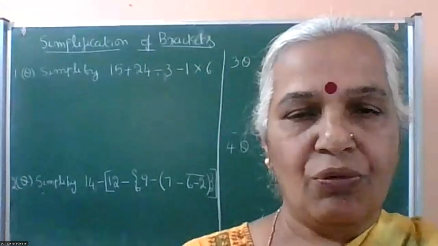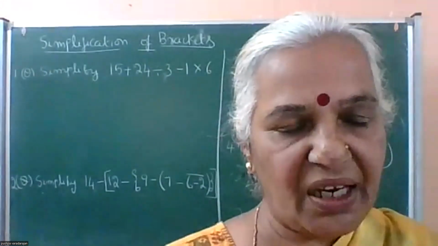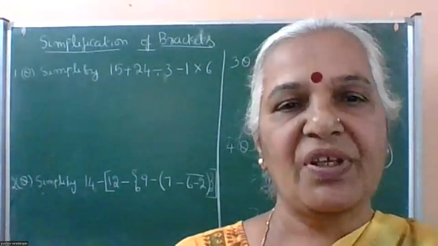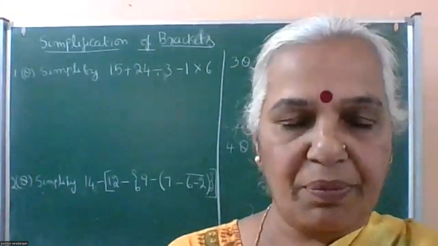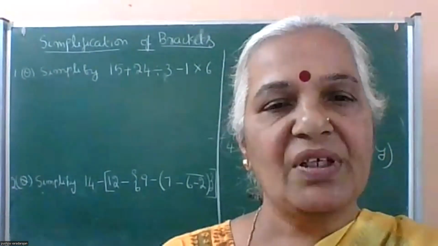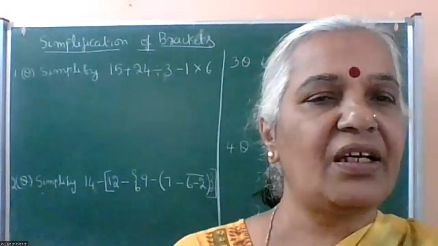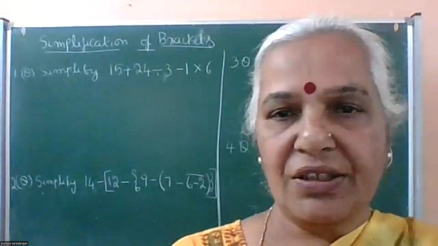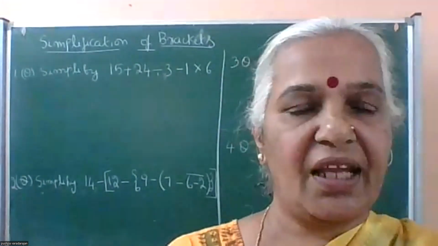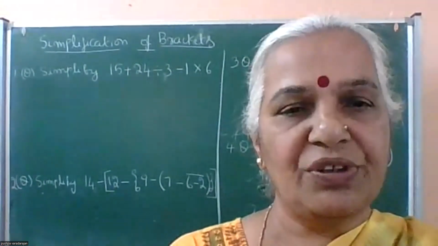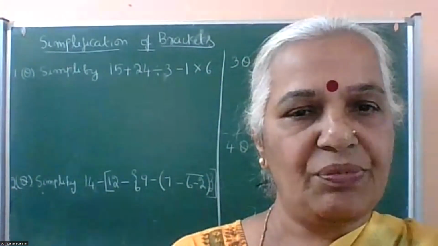That means now you have learned 3 rules. One is, while removing the bracket, follow the order. First it is the bar bracket, then the small bracket, then the curly bracket, and then the square bracket. The next one is using the BODMAS rule.